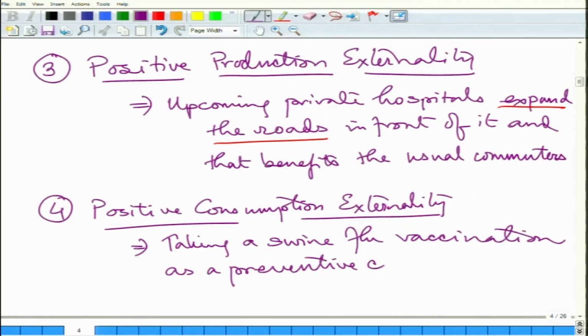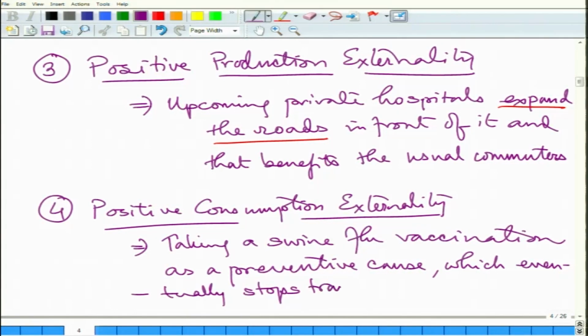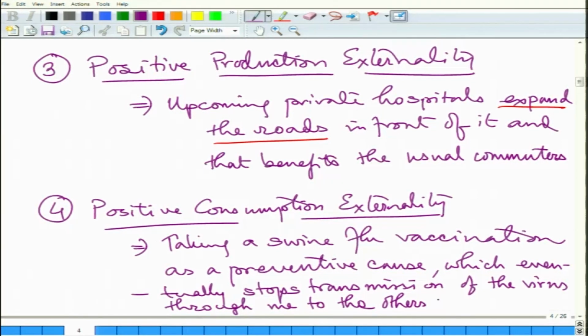If I am not falling sick with swine flu, that is my private benefit, as a preventive cause which eventually stops transmission of the virus through me to the others who haven't taken the vaccine, right. So, this is my positive consumption externality.